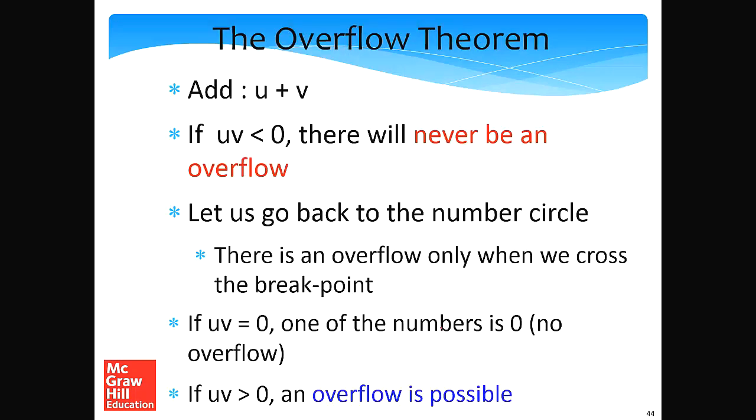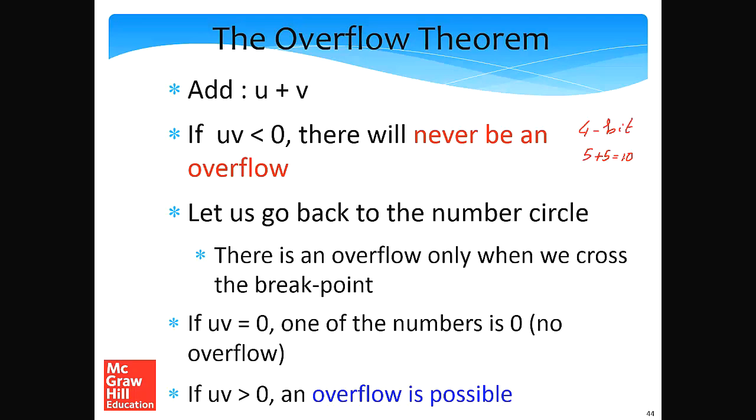Now let's consider one more point, which is called the overflow theorem. Let's assume that in a 4-bit number system, we want to add 5 plus 5. The answer is 10, but 10 cannot be represented in 4 bits, because the largest number that can be represented is plus 7.